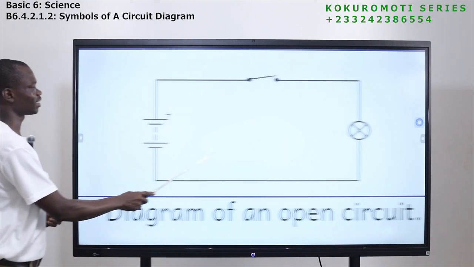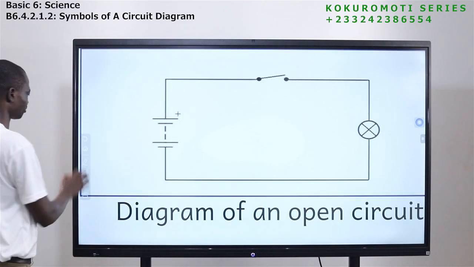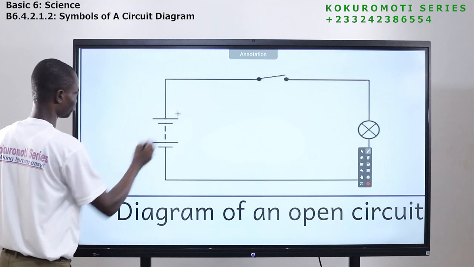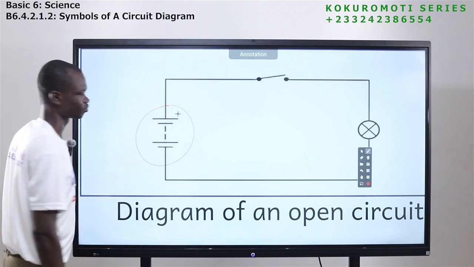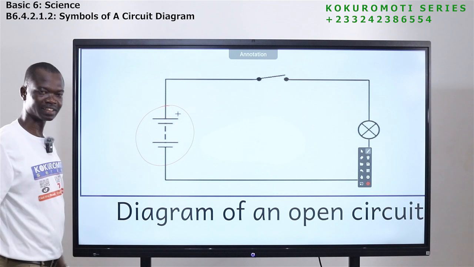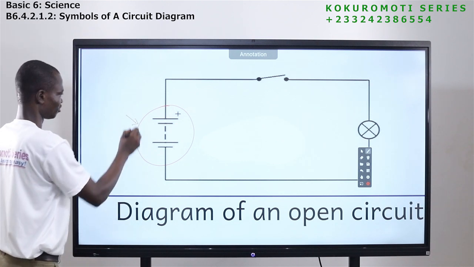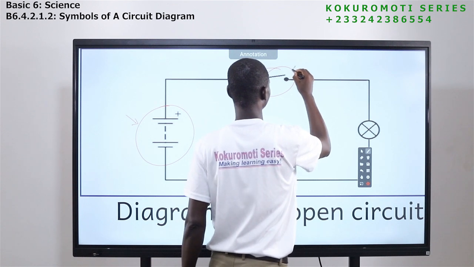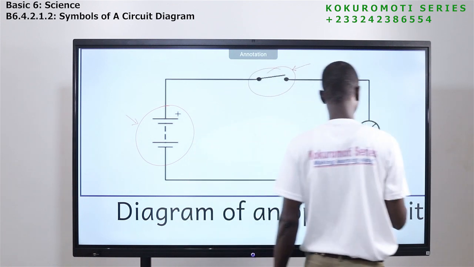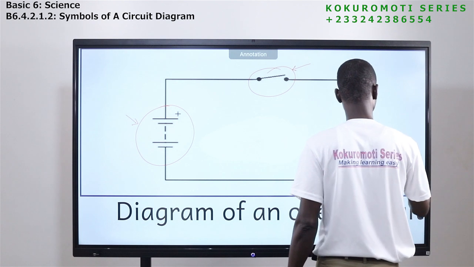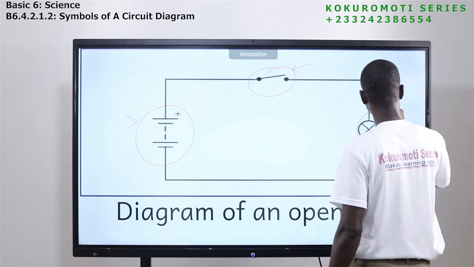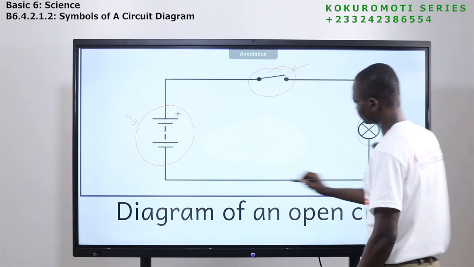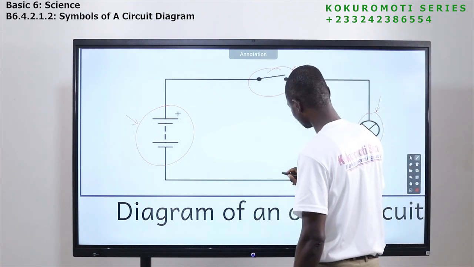Now, let's try to identify the symbols here. Which part is this? Which component is this? Which component is this one? And then this side, which component is it?